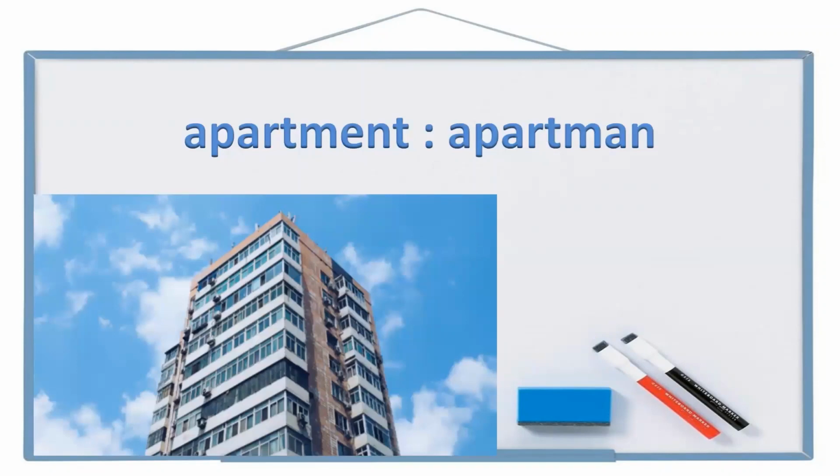So when we say apartman in Turkish, we are trying to say building. And flat or apartment in English is daire in Turkish. Daire. So flat or apartment is daire. Building is apartman in Turkish. Let's continue.